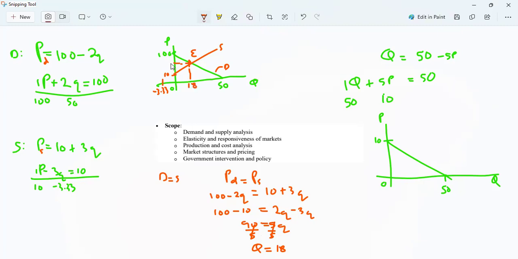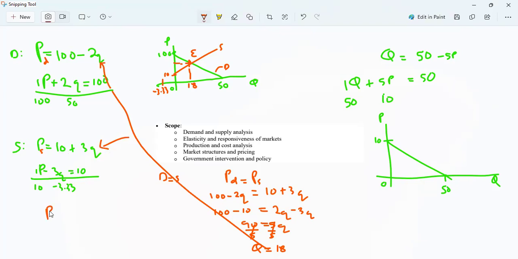Now, how do you find the equilibrium price? You can substitute this 18 into any of the equations to find P. Since it's equilibrium, it should give you the same answer.